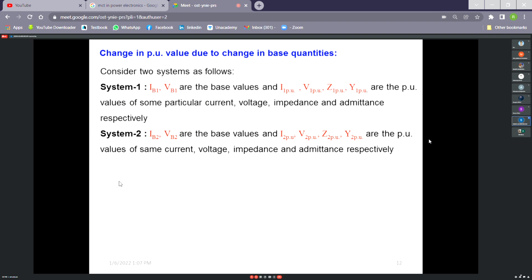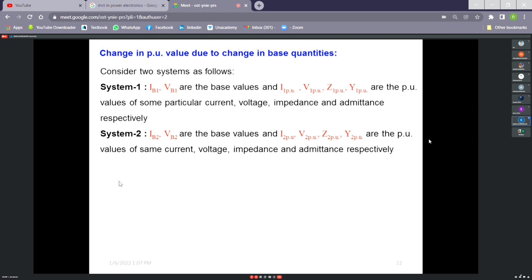And one more thing, generally, when we calculate per unit quantities for a particular equipment or device, then we take base quantities as its own. So obviously, in that case, current and voltage will be one per unit, but impedance will be calculated according to the kVA and kV rating of that particular equipment.